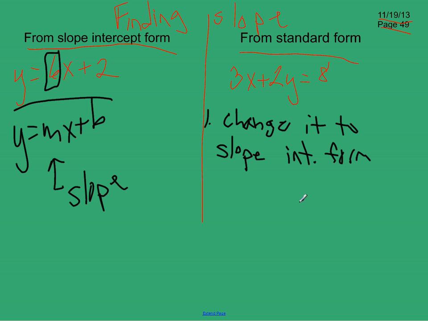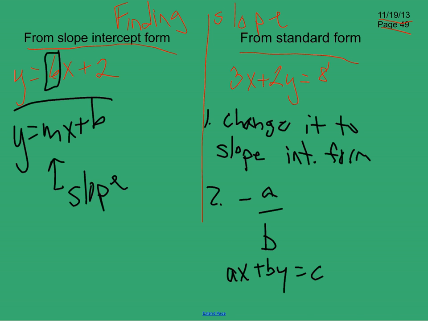So that's one choice. Your second choice, though, is to use this little formula that essentially tells you what the coefficient of x would be if you were going to change this into slope-intercept form, but without actually doing all that work. So the little formula we have is -a over b. And you can see how that might work if we take the standard form of an equation, ax plus by equals c.